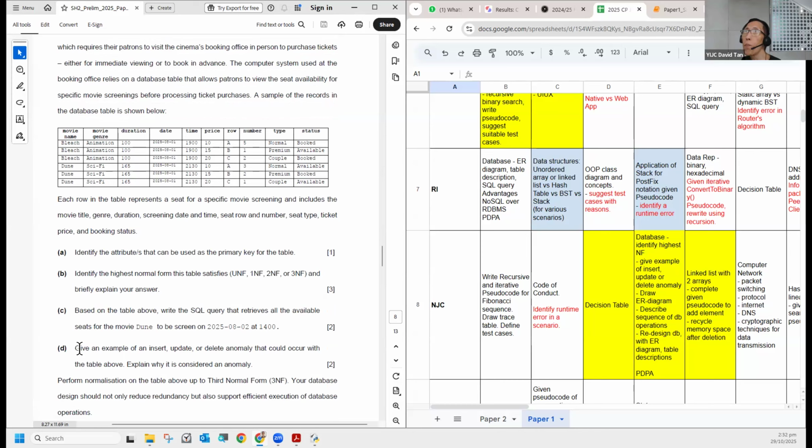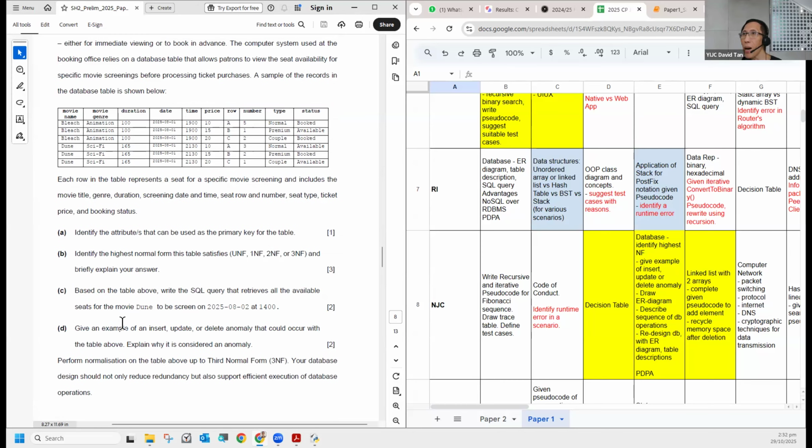Now, part D. Give an example of the insert, update, or delete anomaly that could occur with the table above. Explain why it is considered an anomaly. This question is a subset of what we asked in our prelim question.